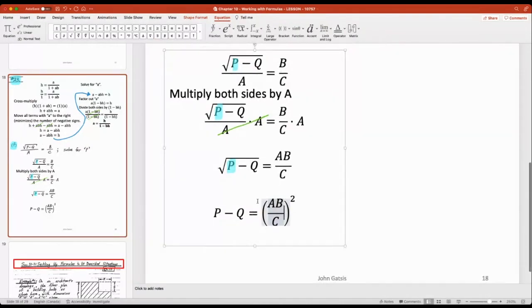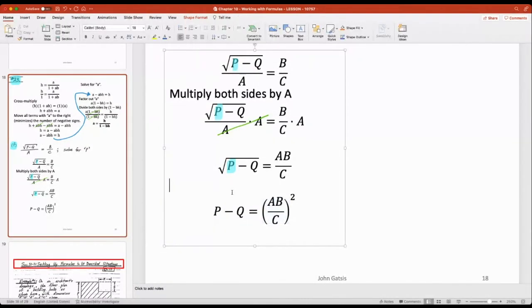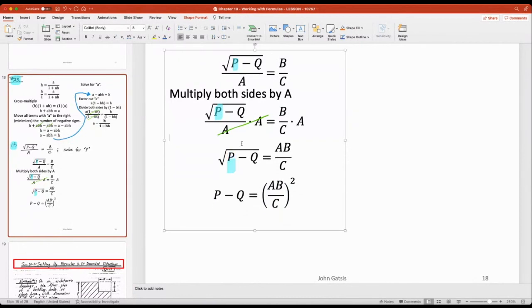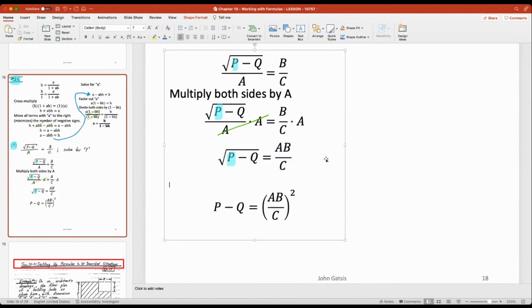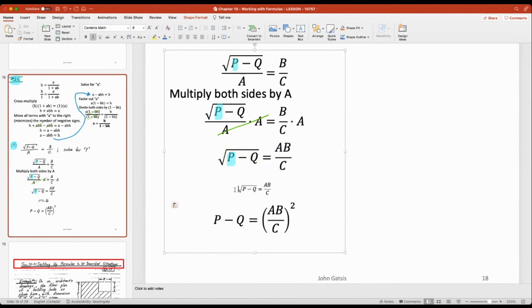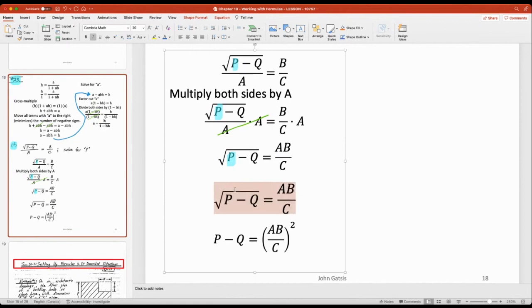Some of you are like, I don't really see that, and I'll put an extra step in there. But the step that I'm showing you is optional. So the optional step would be like this. You have this expression here, and you want to get rid of the square root. So whatever you do to one side, you do to the other.